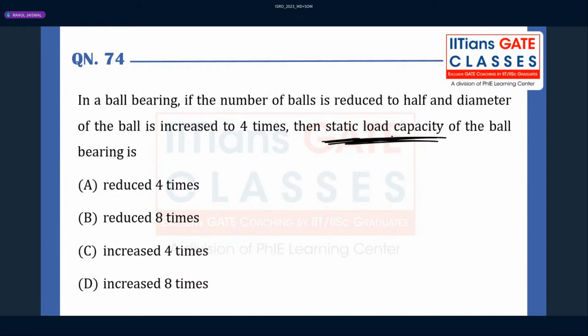Very clearly they have given the formula in the form of Stribeck equations. I request you to follow all the pages of the VB Bhandari textbook if you want to follow machine design.